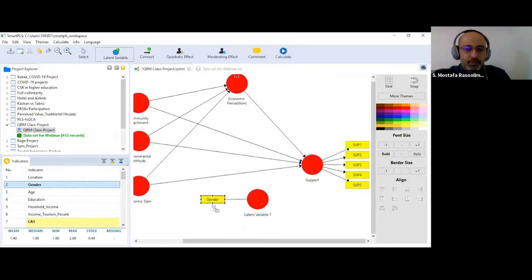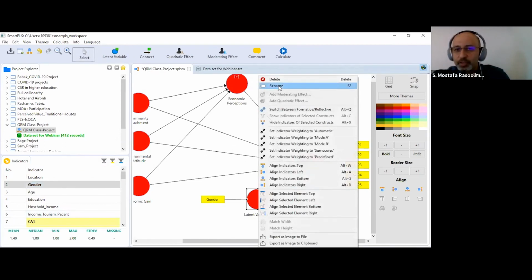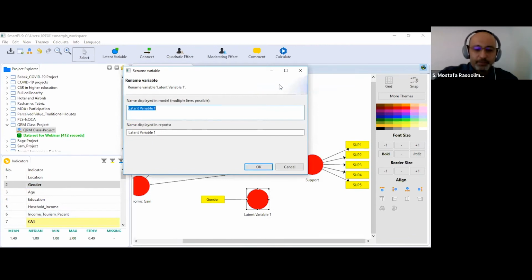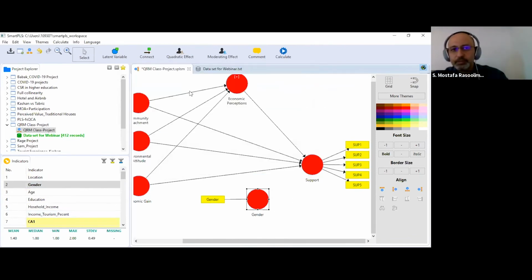So this is gender. For gender, you have only one indicator. When you create gender, you have only one indicator. So this is gender, and you connect this, again the same step.